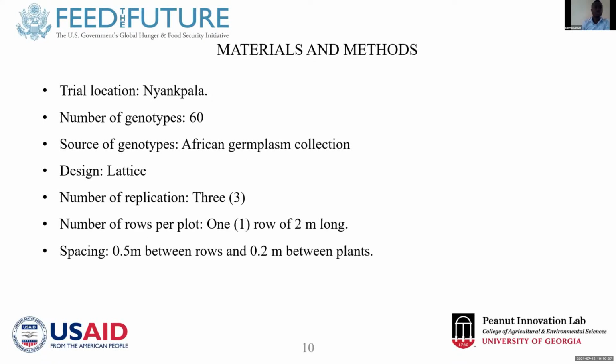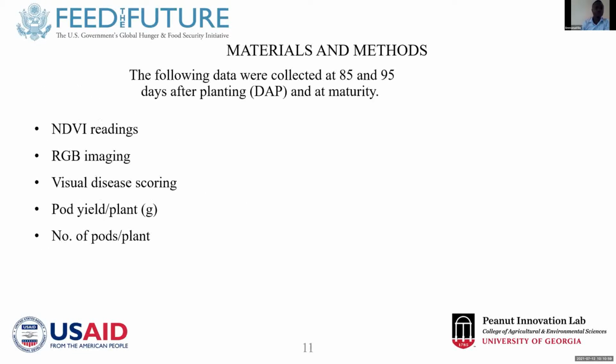Materials and methods. This study was conducted in Yampala using 60 peanut genotypes, which were obtained from the African germplasm collection. The design used was a lattice, repeated 3 times. A row was 2 meters long. Spacing was 0.5 meters between rows and 0.2 meters between plants.